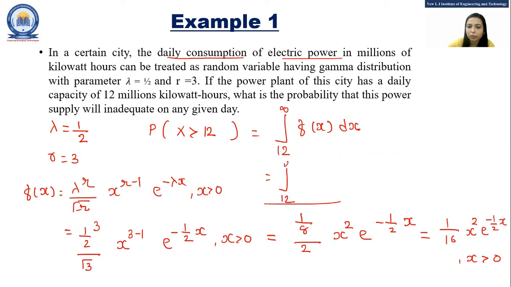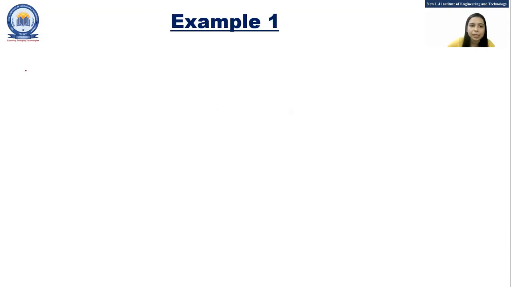So the integration from 12 to infinity of 1 by 16 x square e raised to minus 1 by 2 x dx. 1 by 16 is out of the integration.